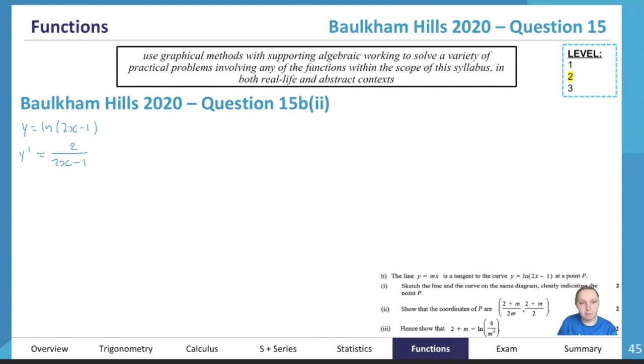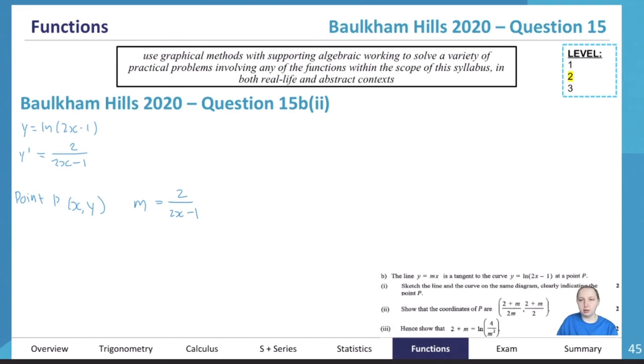So then we're thinking about if our y equals mx is a tangent to the graph of y equals ln 2x minus 1, then at our point P, xy, the gradient m is also going to equal 2 over 2x minus 1.